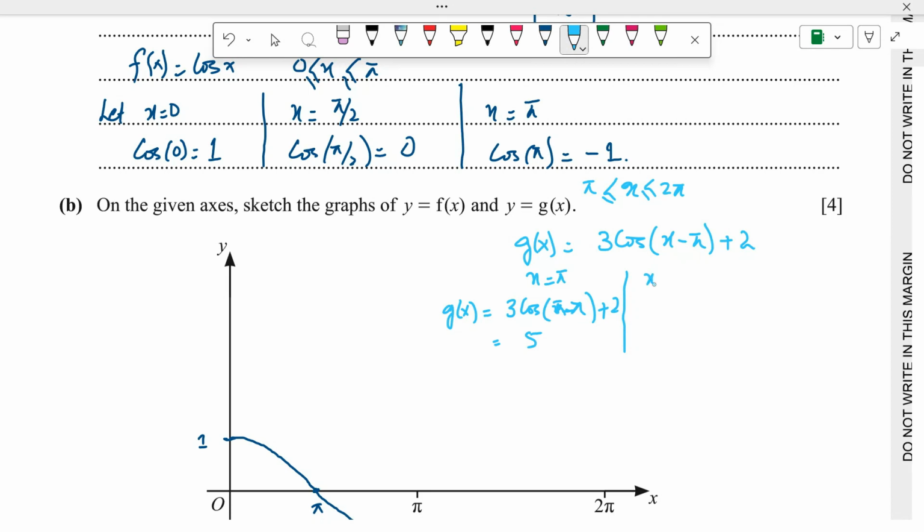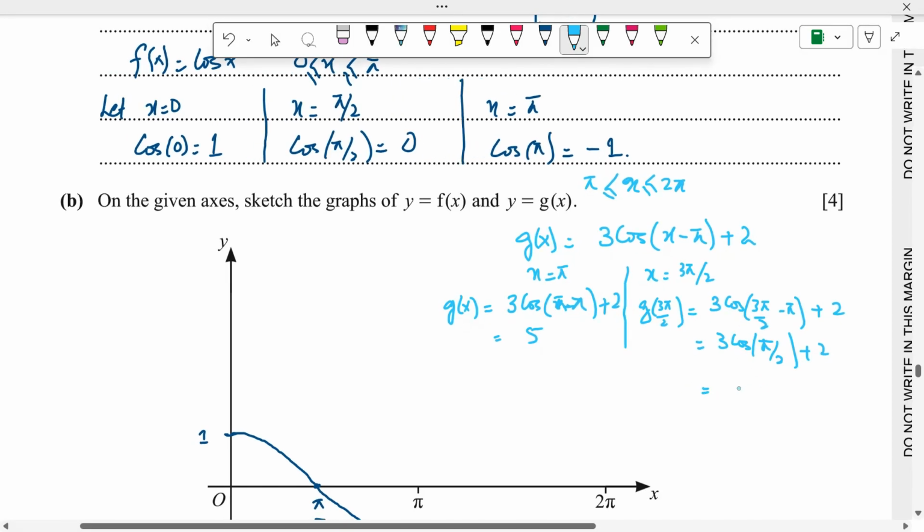When x is 3 pi by 2, g of 3 pi by 2 equals 3 cos of (3 pi by 2 minus pi) plus 2. Further solving, we have 3 cos of pi by 2 plus 2, and cos pi by 2 is 0, so it will be 2.